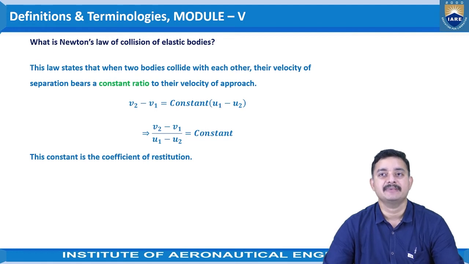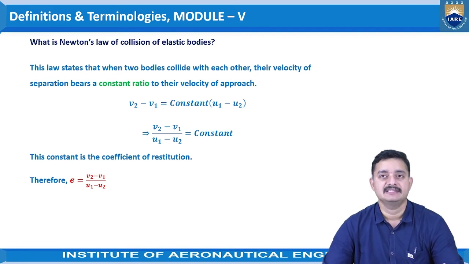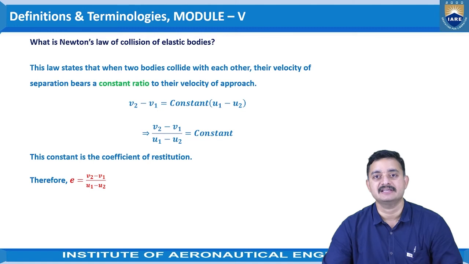It is denoted by the small letter e, and e is given as (V2 minus V1) by (U1 minus U2), wherein the final velocities difference by the initial velocities difference is considered a constant, and that constant is termed the coefficient of restitution.